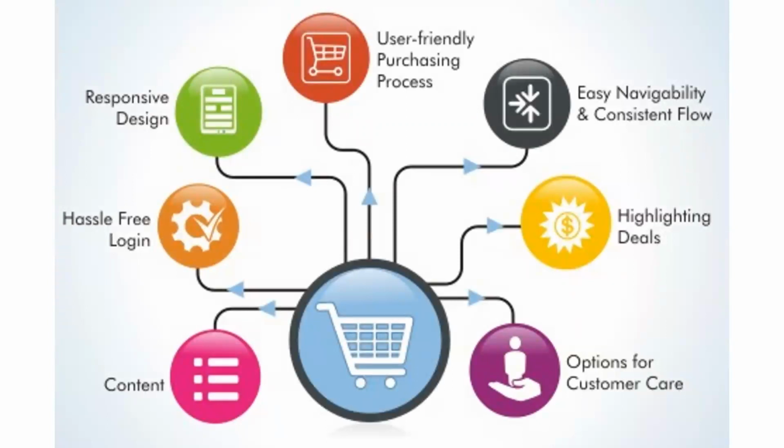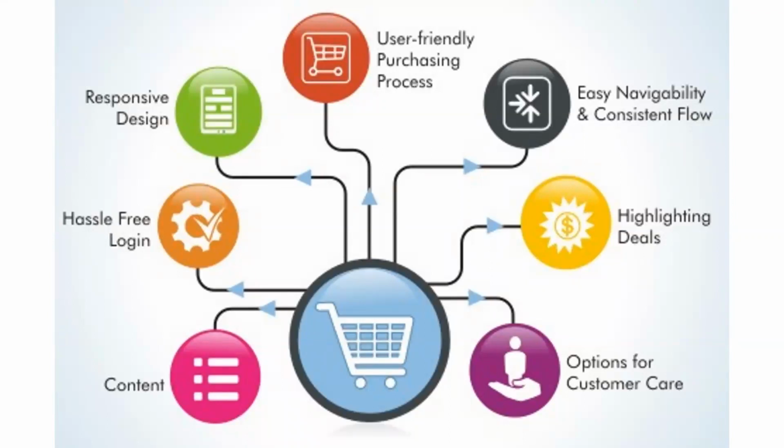Here, start from the top. First one says user-friendly purchasing process. Once you access the website, it should be user-friendly. Right? It should be very easy to find the products and services. Easy method of payment.